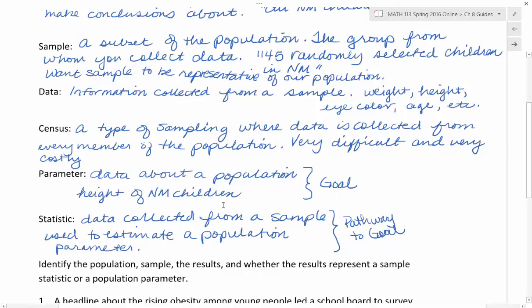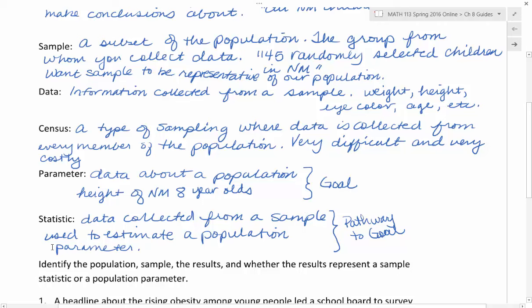So for example, our parameter, or the data that we're interested in for our population, is the height of New Mexico 8-year-olds. That's our goal. And to get to our goal, to find out what that height is for all New Mexico children, we would create a sample, talk to or measure the height of each of the children in our sample, and then use that information, which we call a statistic, which is the data that we collect from the sample.